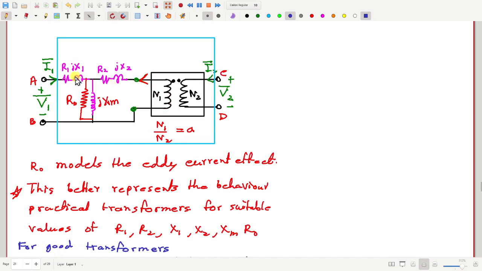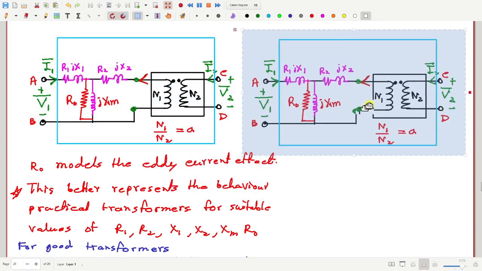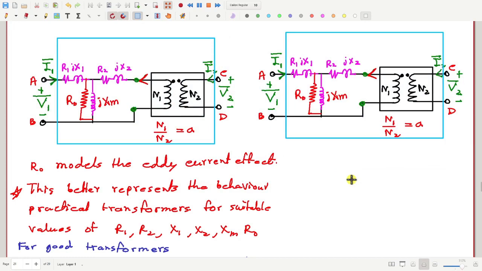Now, under the assumption that R1, R2, X1, X2 are small and R0, XM are large, this circuit is also equivalent to this one.